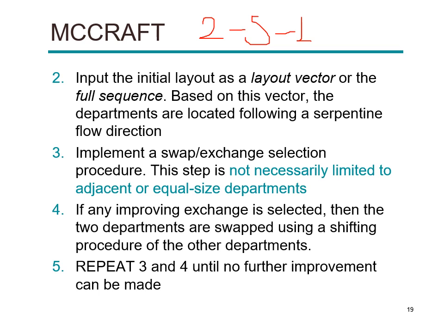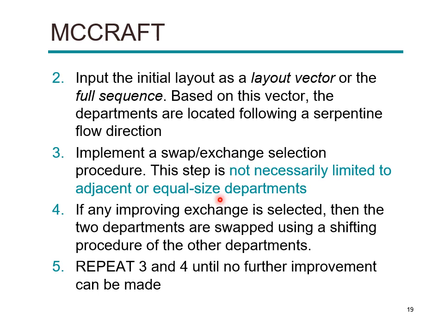Okay, and then in the third step, the algorithm implements the exchange. Sometimes it's called swap, the same thing, swap or exchange operations. Okay, and this is not limited to equal size or adjacent departments.